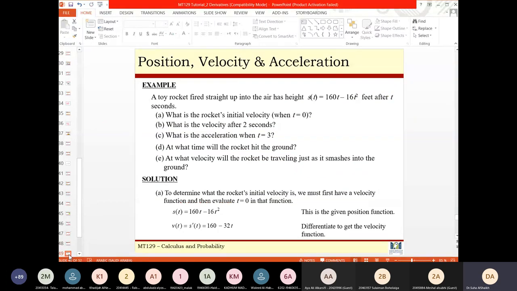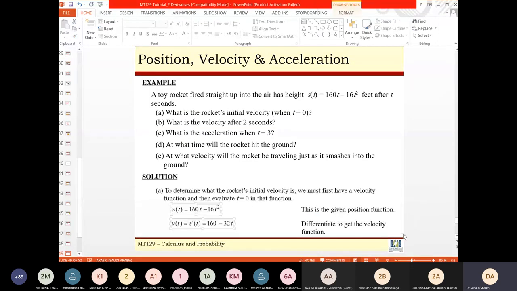Let's check one example here. Let's check this example. I need this space.